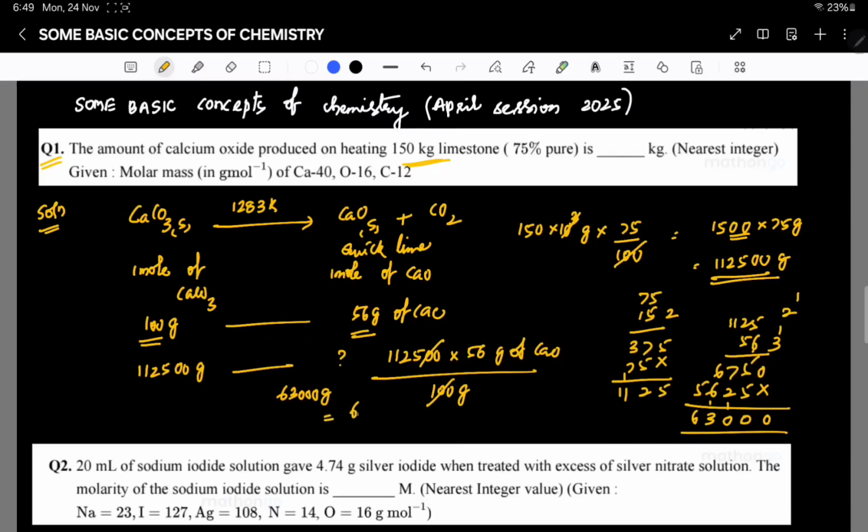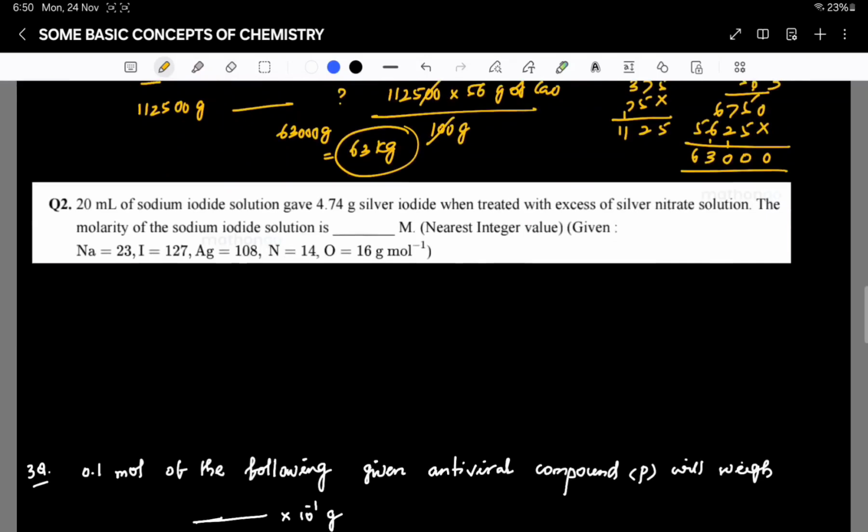Convert into kilogram, so the answer will be 63 kilograms, right? So the amount of calcium oxide produced on heating 150 kilogram of limestone is 63 kilograms. Okay, right.